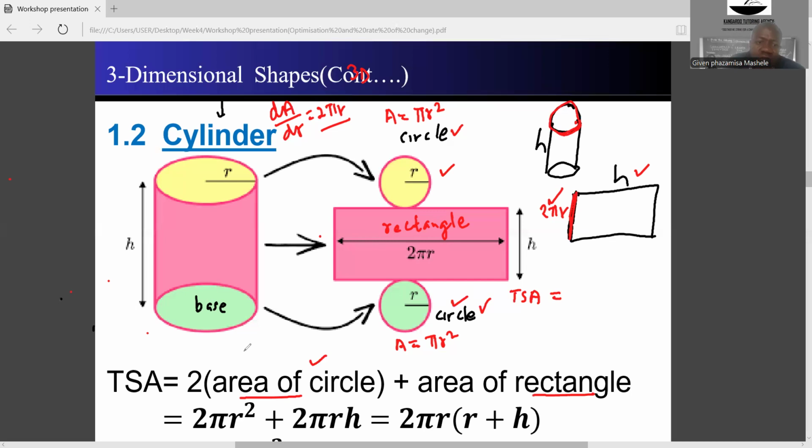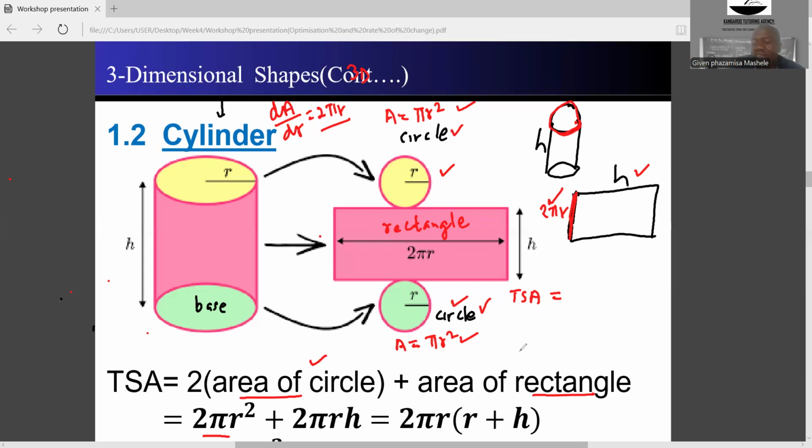We know the area of the circle is pi r squared, so pi r squared plus pi r squared gives us 2 pi r squared. This is the area of the circles. Then how do you determine the area of the rectangle? Remember I've told you that when we determine the area of a rectangle, we take one side and multiply by the other.